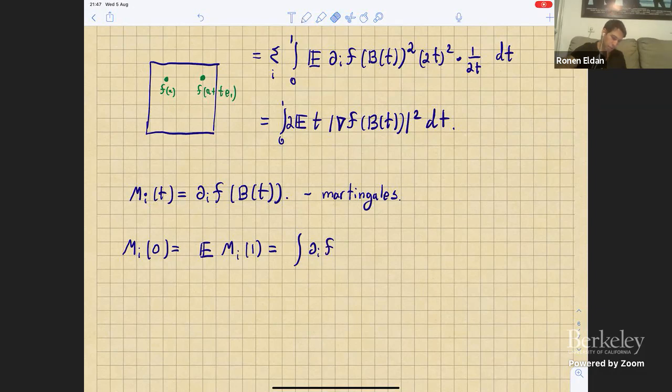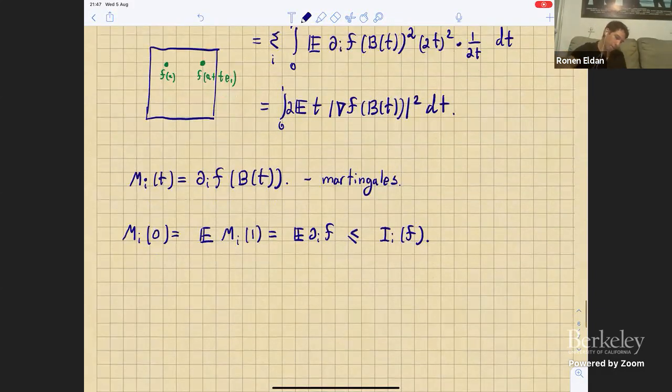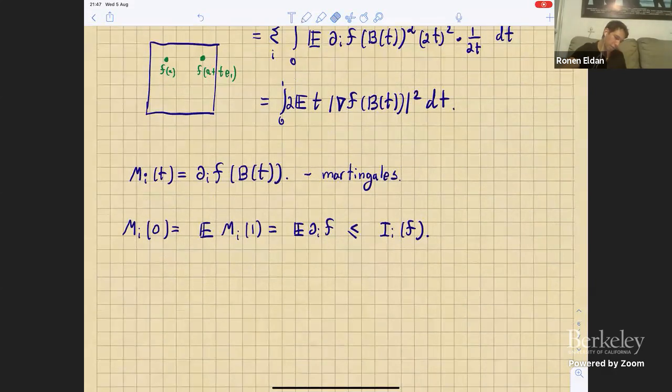Maybe let me just write it like this, which is obviously at most the ith influence of f. And this is true even if we put absolute values here.